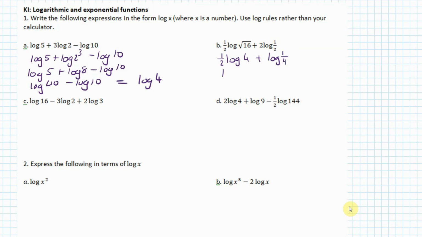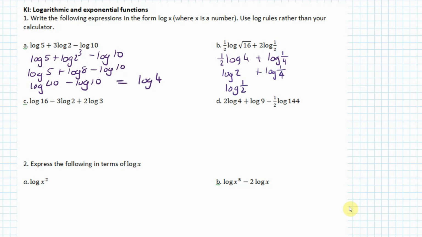And next line, log 4 to the power of 1/2 plus log 1/4. Now, 4 to the power of 1/2 is like the square root of 4, which is 2. And now we're going to multiply those together using our log rule. So it's 2 over 4 or log 1/2, because it was 4 there, wasn't it?